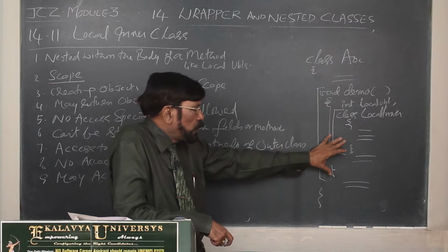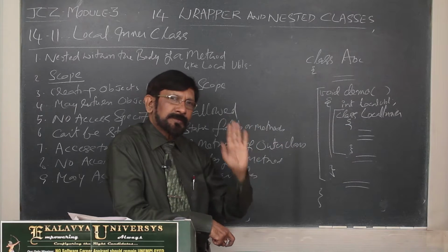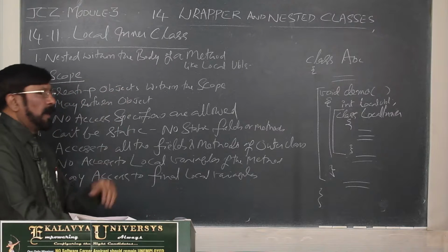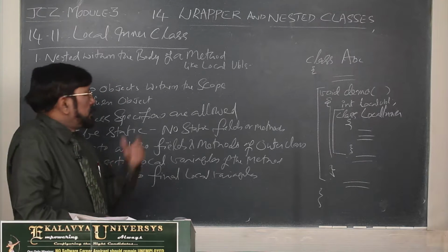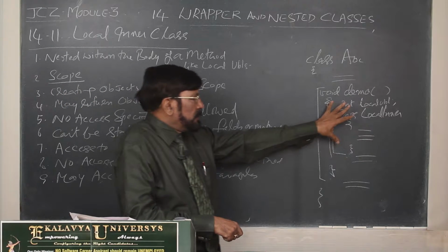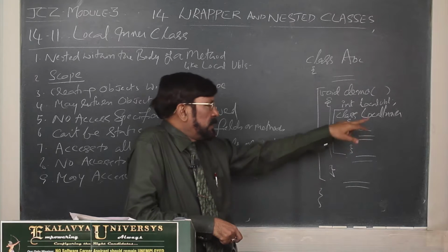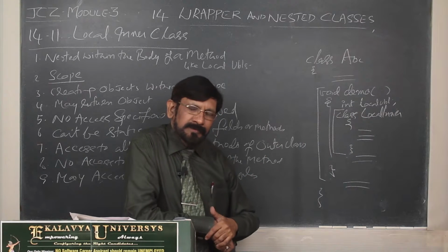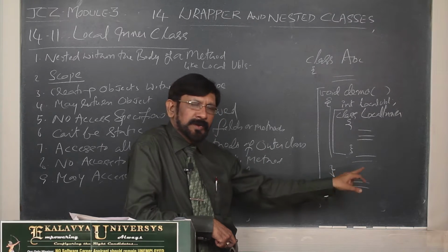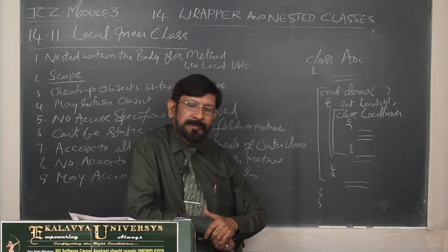So, within the scope only the local inner class survives. That point always you remember, and we can create objects. We can create objects within the scope, if you want, you can create objects for the local inner class. If you want, you can return them also. You can return the object through the return statement of the method.